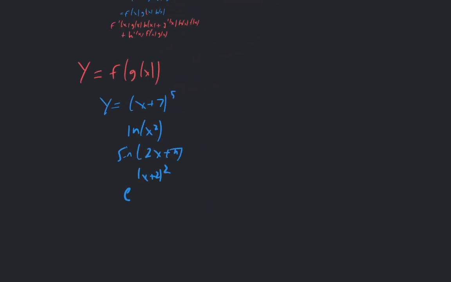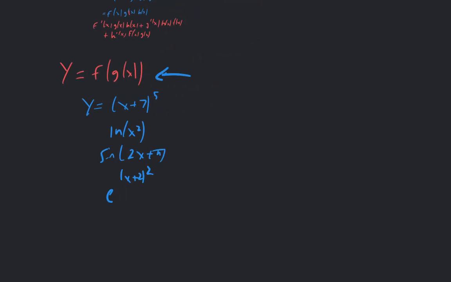If we want to find the derivative of this, it's called the chain rule. And the chain rule is we take the derivative of the outside function and multiply it by the inside function derivative.